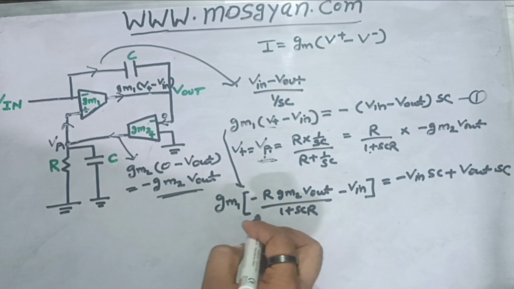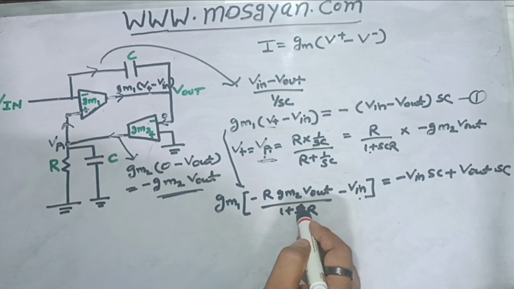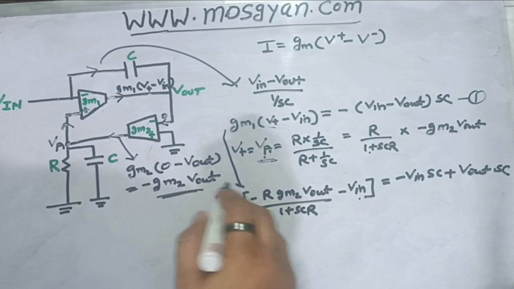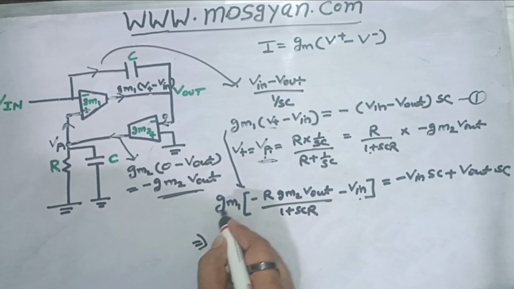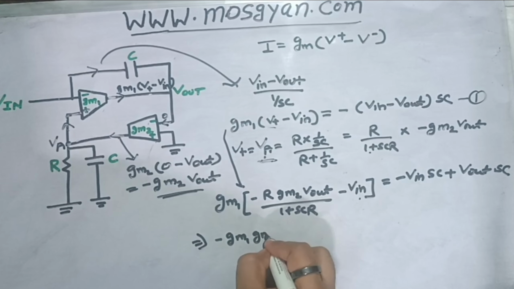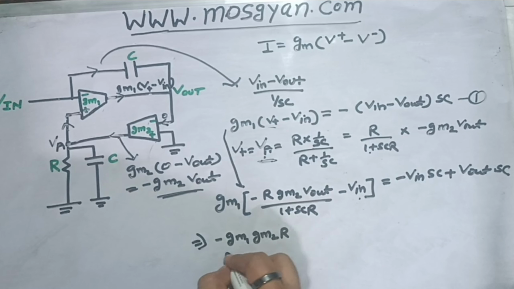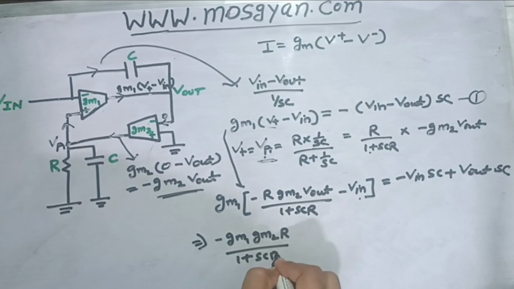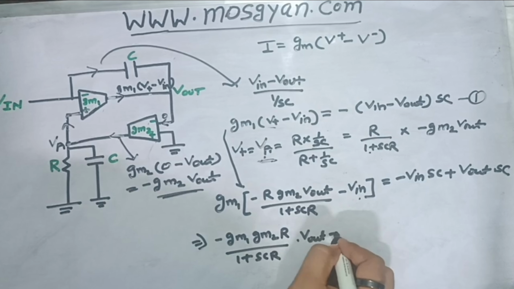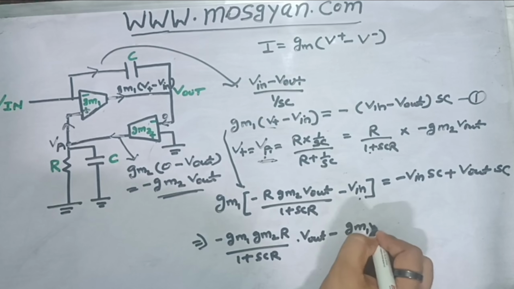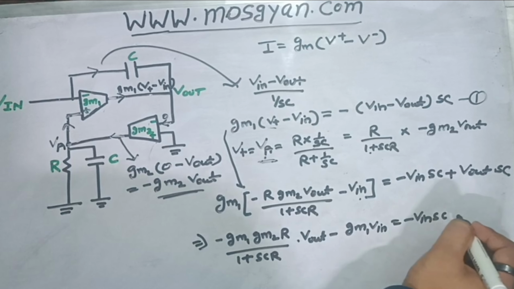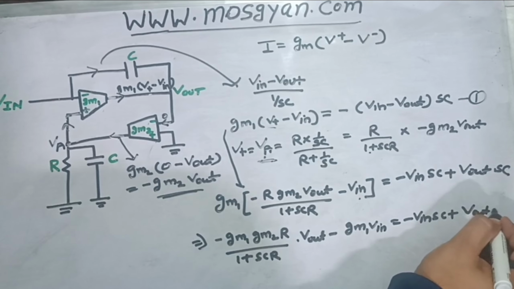Now we need to differentiate the Vin term and Vout term. We need to separate these two terms so that we can calculate the transfer function, that would be equal to Vout upon Vin. So let's multiply this term. We'll get Gm1 into Gm2 into R upon (1 plus SCR) into Vout, minus Gm1 Vin, and here anyways we have Vin SC plus Vout SC.